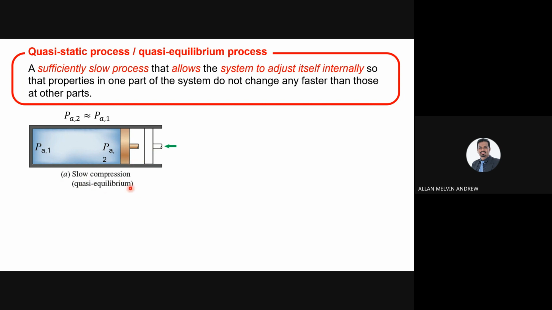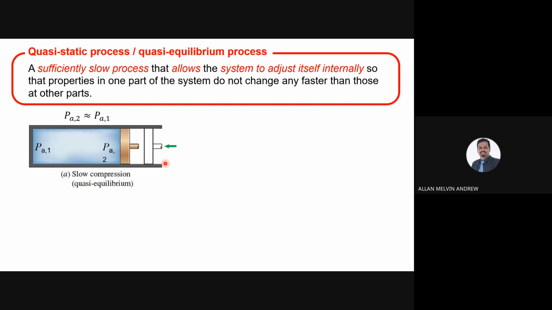So why do engineers prefer this? Because they can investigate a lot of things through this quasi equilibrium process. Nowadays we have computers to do the computation, and because computers can calculate a lot of things faster, you can understand things better.